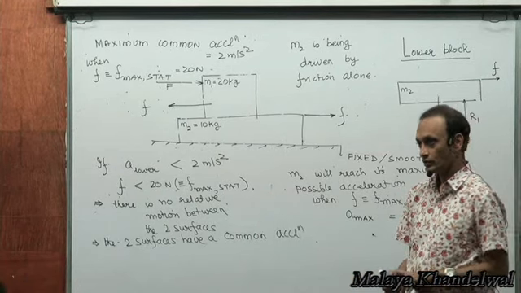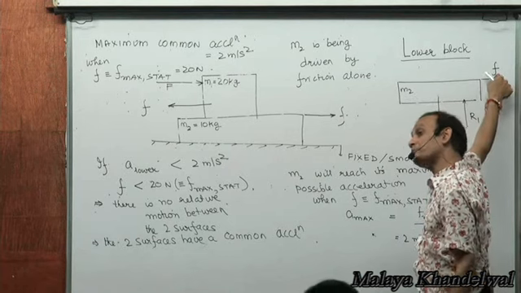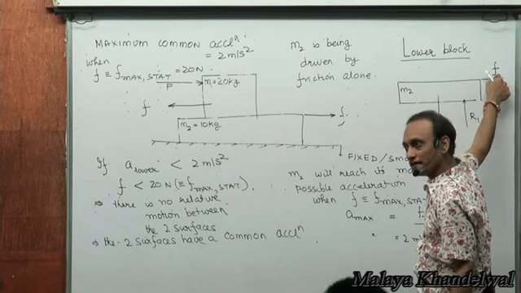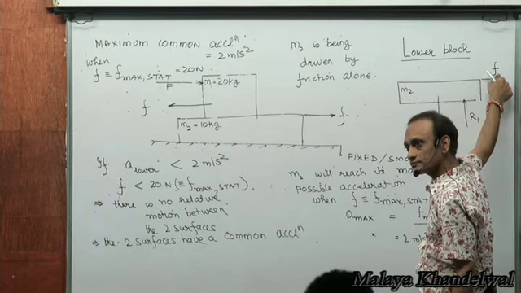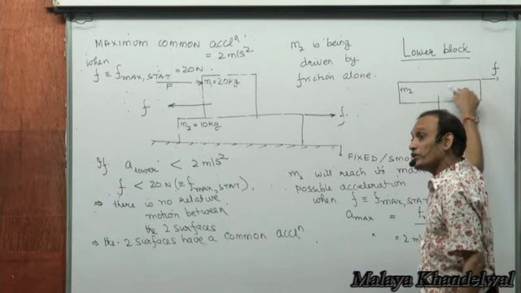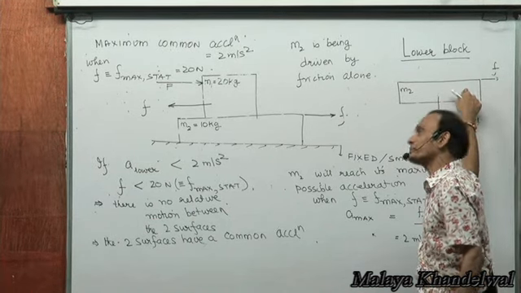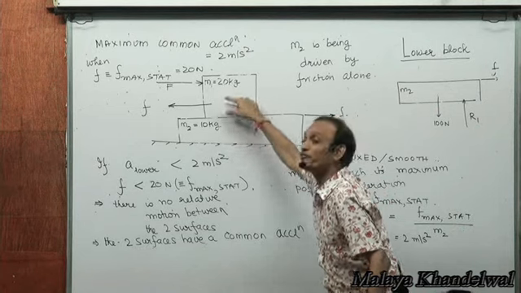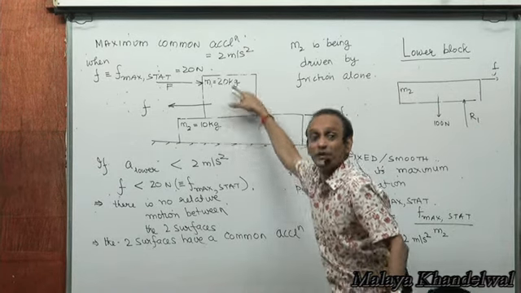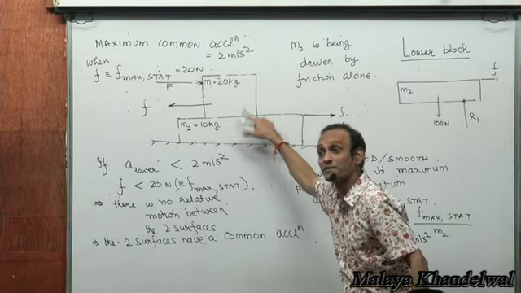So, if the maximum acceleration of m2 is 2 meters per second squared, and that happens when F becomes its maximum value equal to 20 newtons, and if the acceleration of this at a certain instant is found to be 1.5 meters per second squared, then frictional force will be less than 20 newtons. That means between the two surfaces static friction prevails, so there is no relative motion.